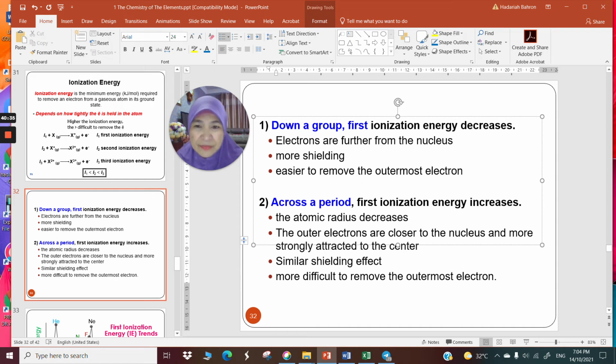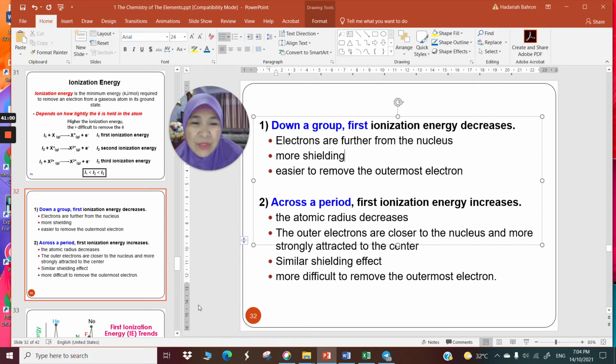Why is that? Remember the size again. We already understand that the sizes decrease when you move from left to right. Similarly, ionization energy will increase. The smaller the size of the atom, the more difficult it is to remove electrons from it.